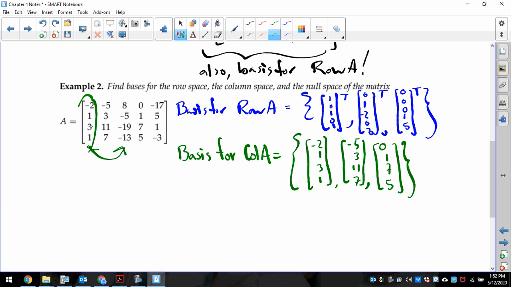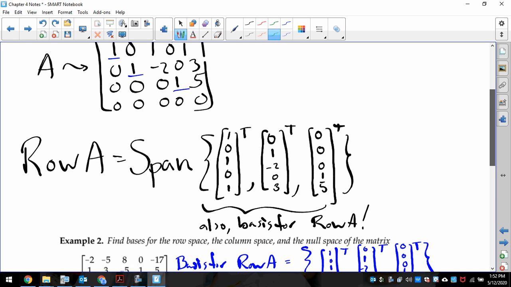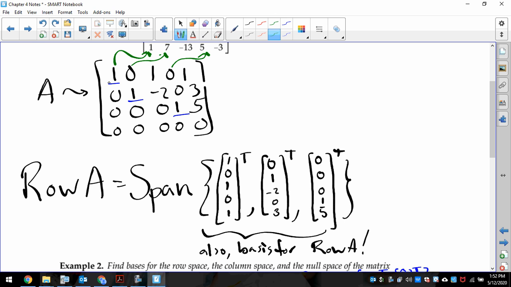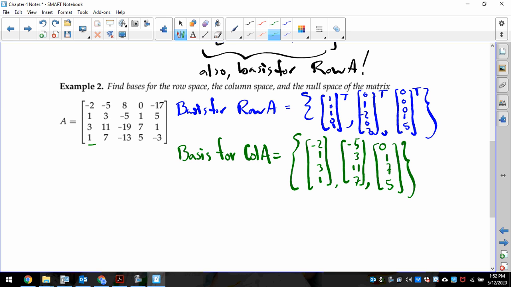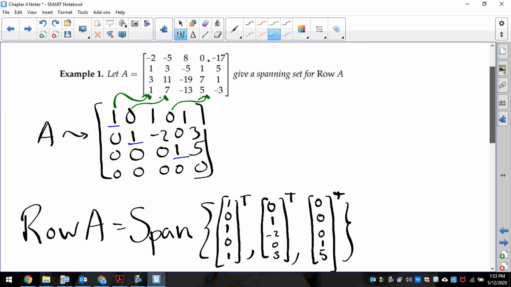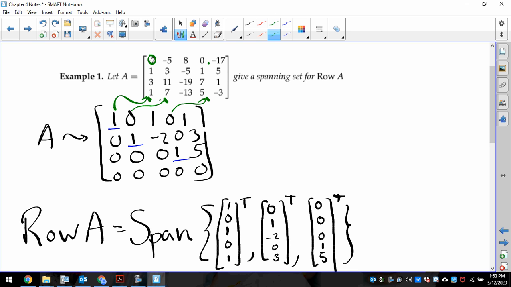So the position that they start in certainly determines whether or not they form the basis vectors. So notice how we always have a pivot in the first column. By having that pivot there, that means that this first vector is going to be linearly independent, as long as you don't have a 0. If you have a 0 in this first position, then that vector may not be linearly independent.